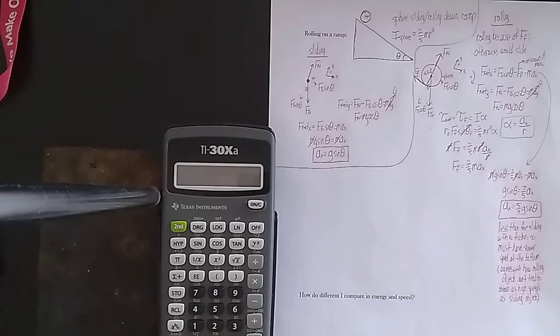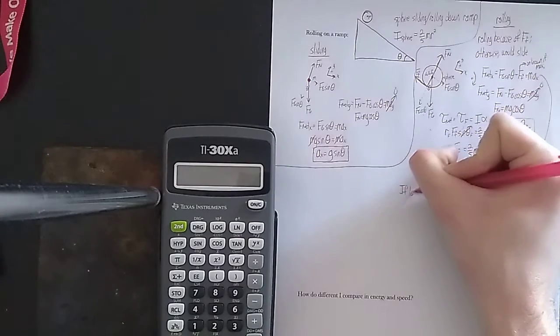Now, we talked a little bit about how rolling does require friction, and it requires a certain amount of friction. Matter of fact, if this certain amount of friction is not met, then the object will at least slide some. So we can actually go back and find what that minimum amount of friction is. It has to do with using this acceleration and going back and solving for FF.